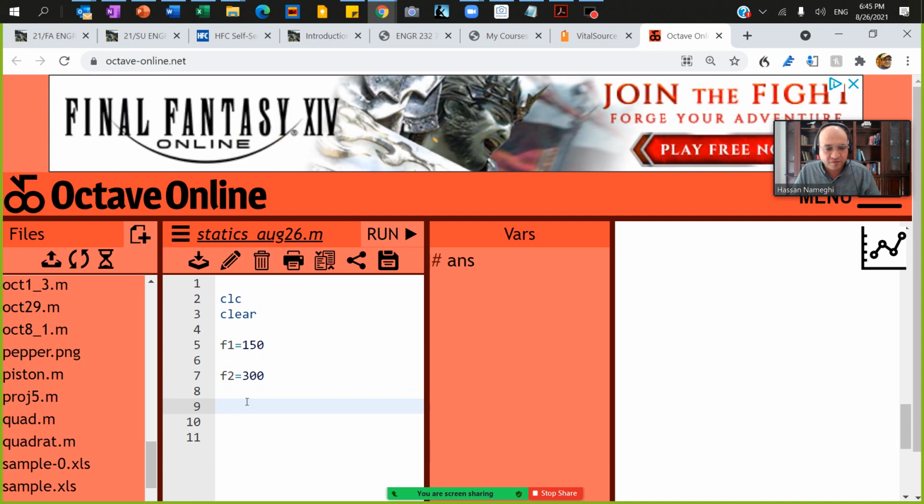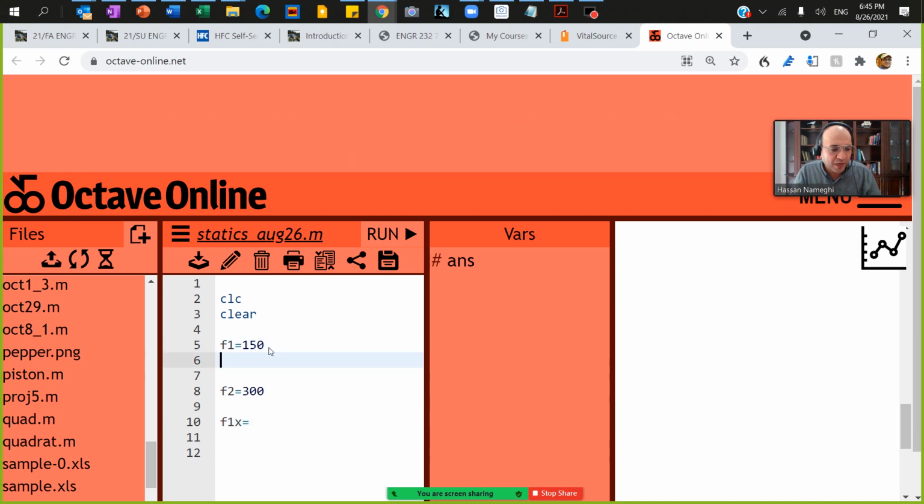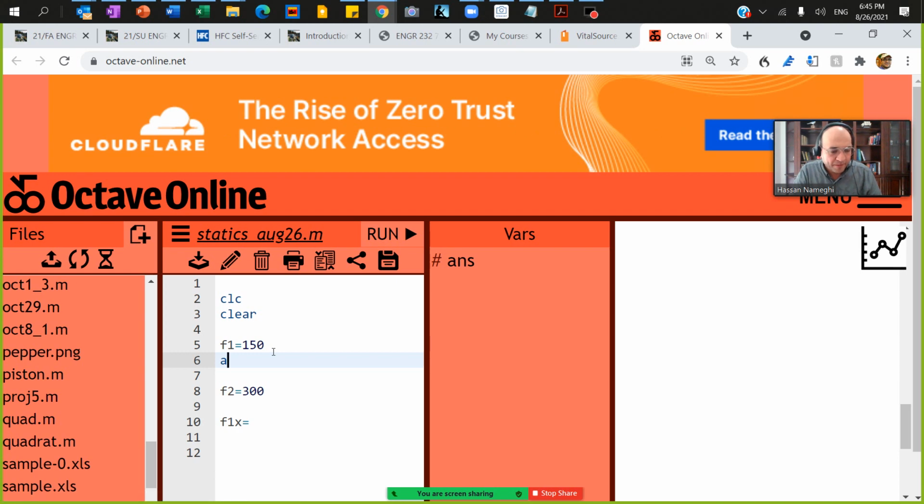Now F1x. We need to put what's the angle for the first one. I'm going to call angle or theta. We just call it ANG. Angle 1 for the first force is 20 degrees. Angle for the second force is 70.